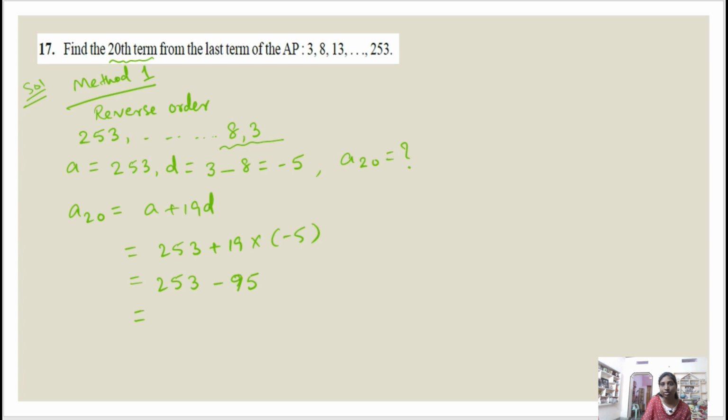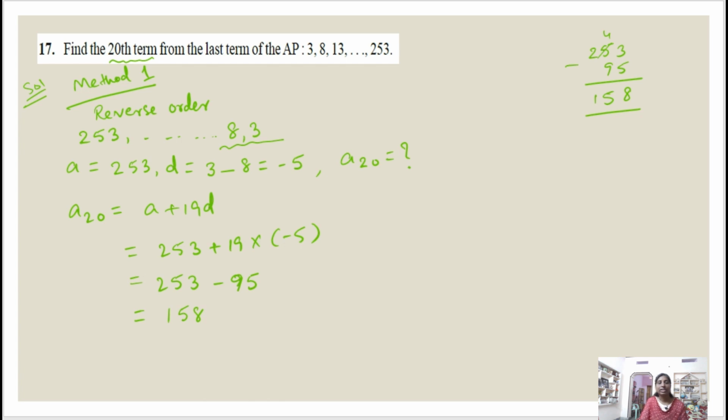Okay, now let us subtract here. 253 minus 95. So 13 minus 5 is 8. Now 14 minus 9 is 5. 158. It means we will get 158.